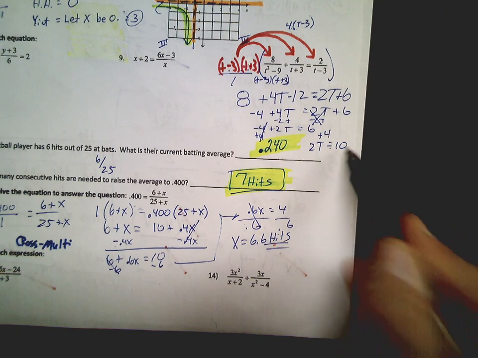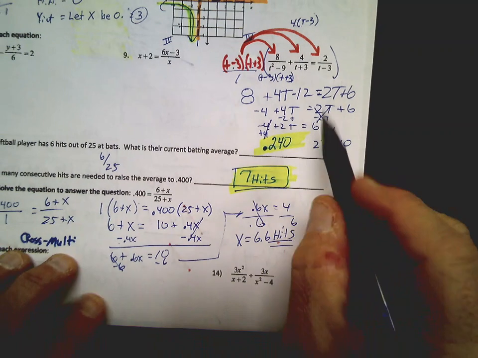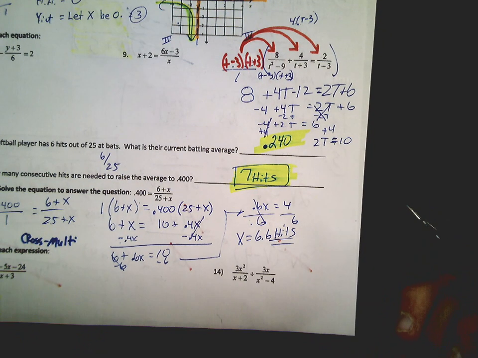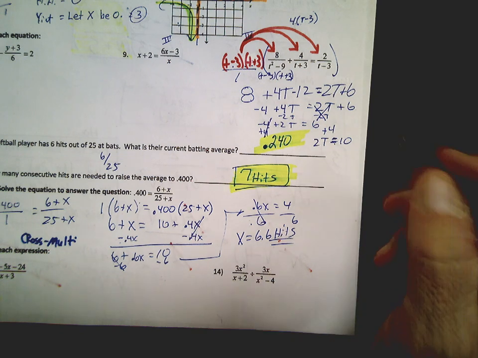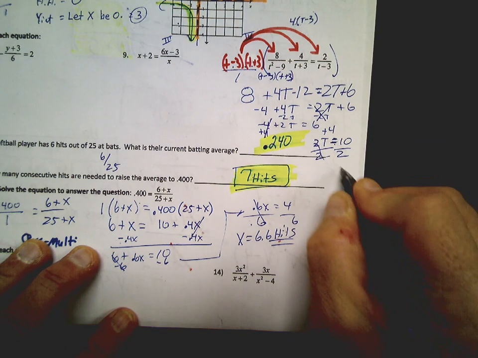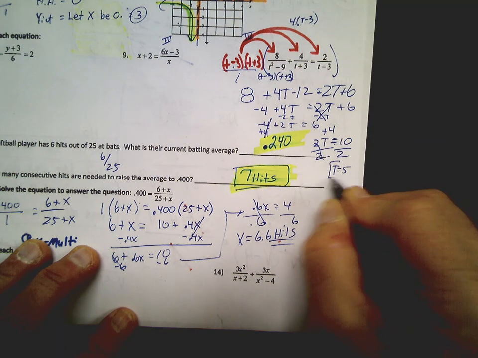Two t equals 10. Final answer. Raymond, do you know? No? Shelly Johnson? Divide by 2. T is 5.